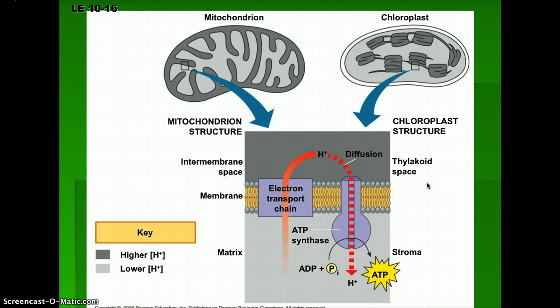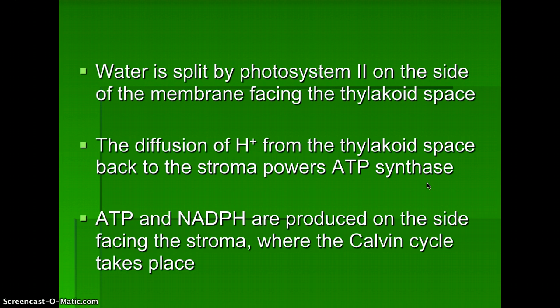So here you can see basically what's happening in the electron transport chain and chemiosmosis. But to get a better understanding of what's going on in photosynthesis, we need to connect what's happening in the beginning of photosystem 2.